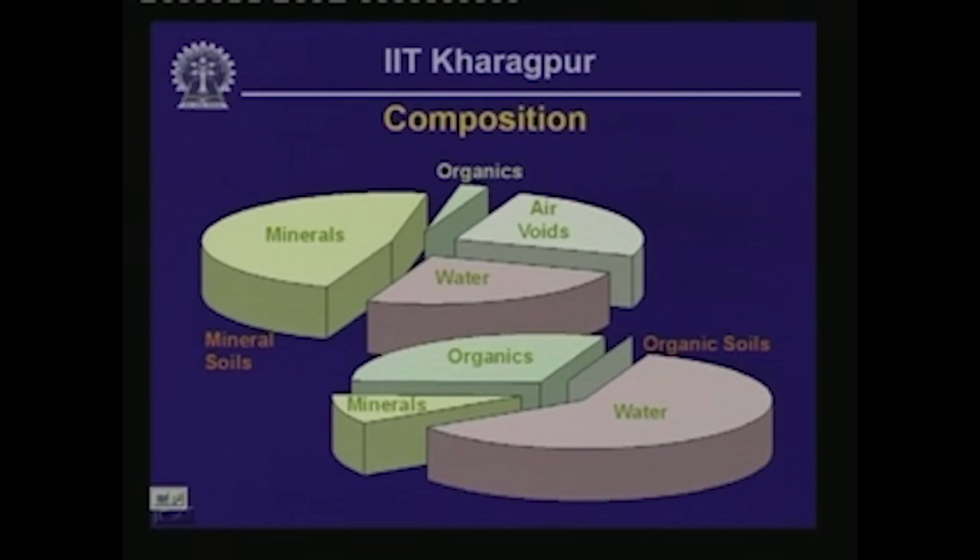And then on the bottom part, what I have shown is a typical composition of organic soil, and here these types of soils could contain a very large proportion of the total volume as water, and this could be more than 50% of the total volume really, and the rest of it could be composed as earlier of organics and minerals, and we considered saturated soil in this case.